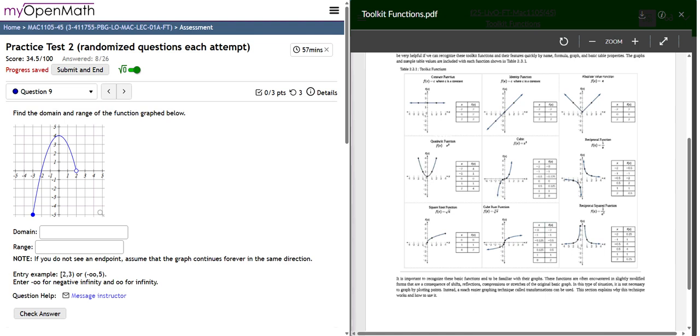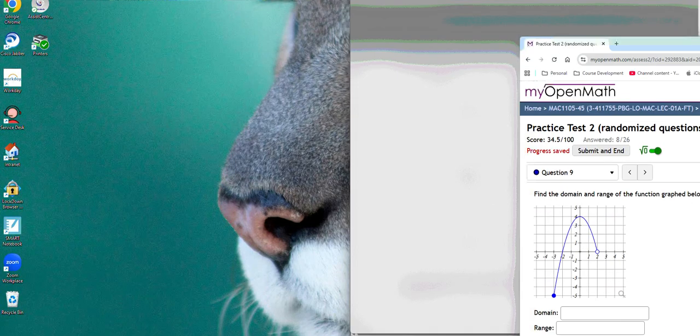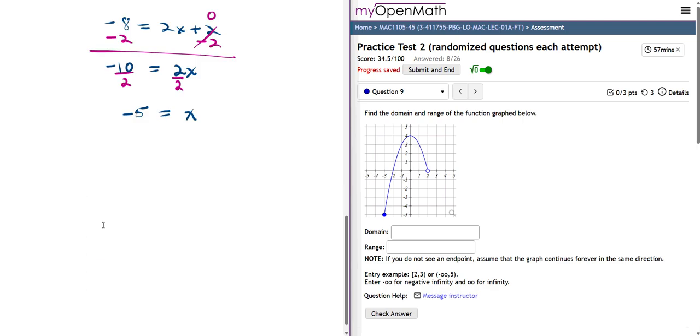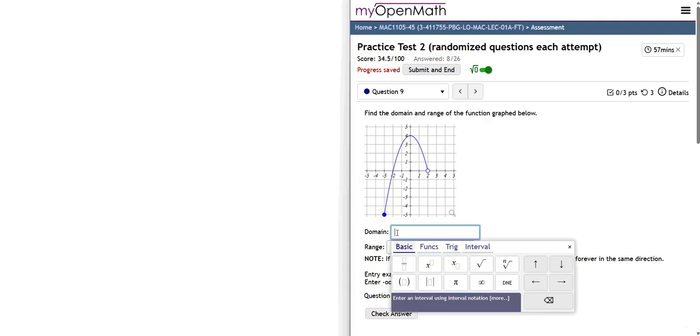All right, let's go back to using the note space in case we need it. We might not actually. But what I noticed for this one is we're asked for the domain and range. So when I'm thinking of the domain, I'm thinking about the horizontal locations of where the drawing begins and ends.